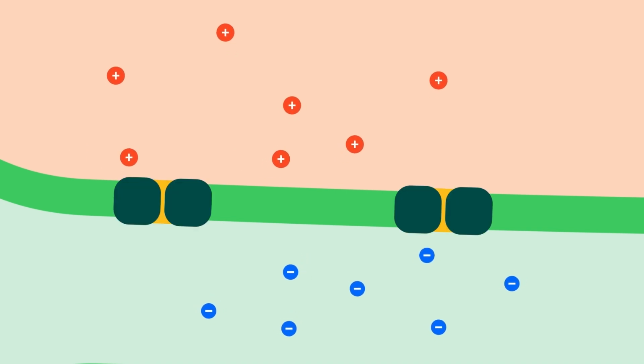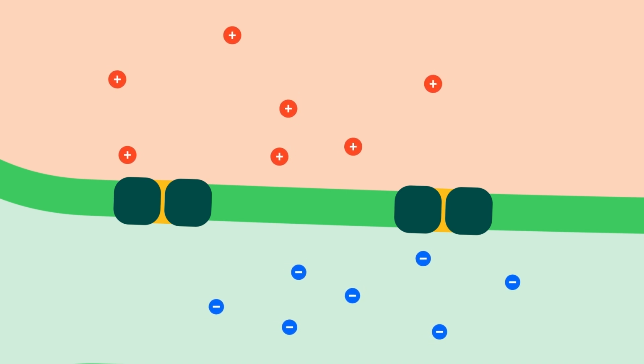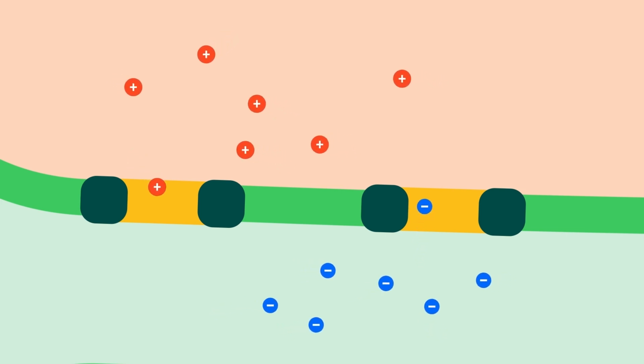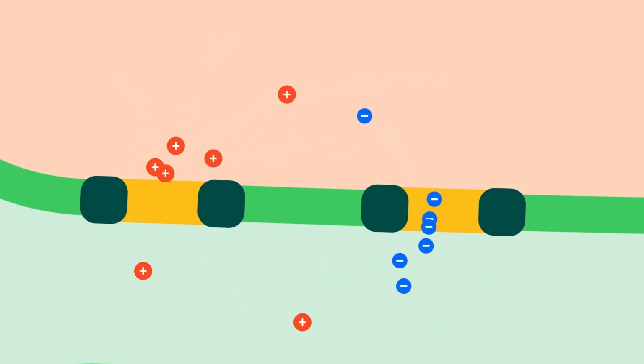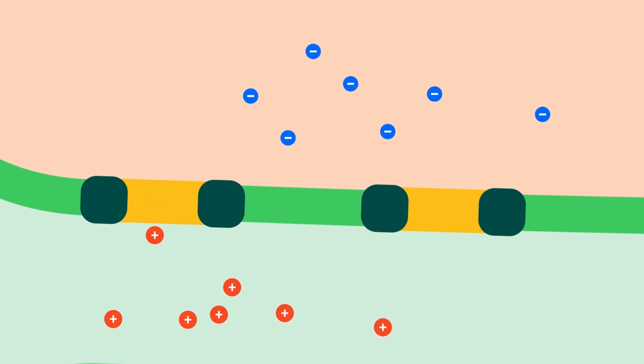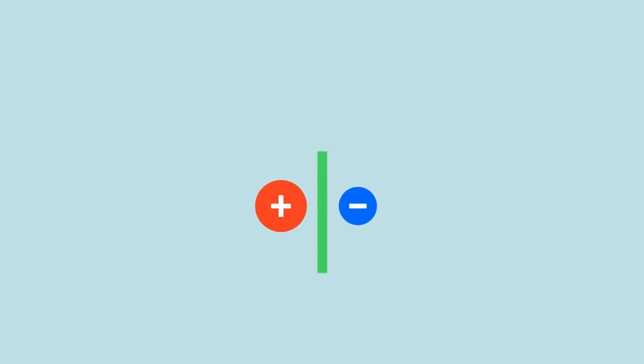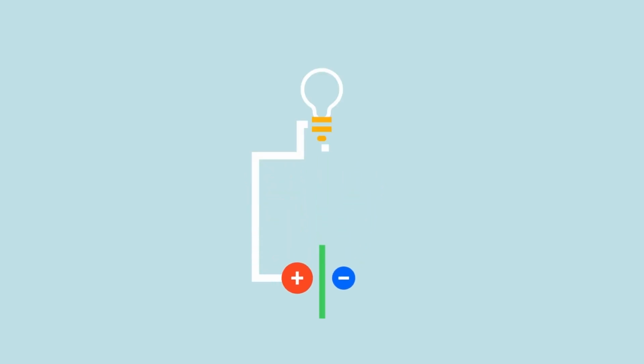Channels located along the membrane open and close to maintain this balance. When the neuron is stimulated, these channels open to let the charges circulate towards each other. This circulation of positive charge into the neuron and negative charge to the outside creates an electrical current, exactly like how the circulation of charges along a circuit creates a current that can switch on a light bulb, but at a much lower intensity.